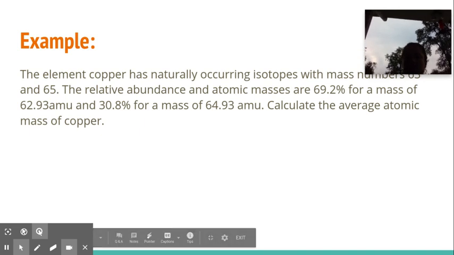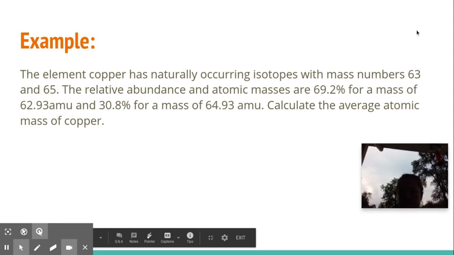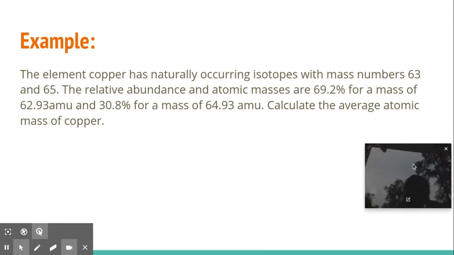Okay, so here's another example that I want you to try. So this is for copper. An element of copper has naturally occurring isotopes with mass numbers 63 and 65. The relative abundances are 69.2% for a mass of 62.93 AMU and 30.8% for a mass of 64.93 AMU.